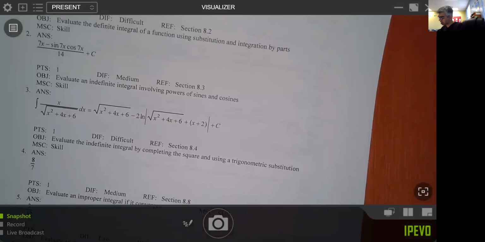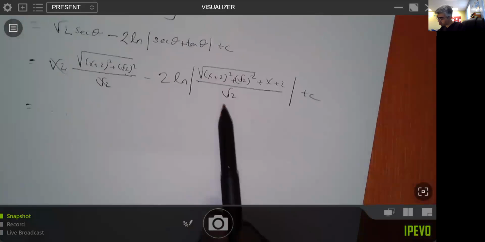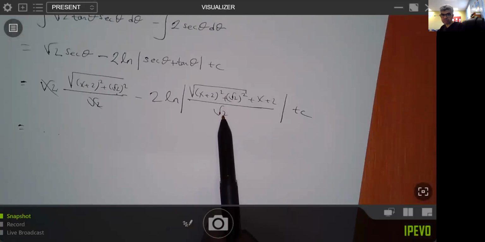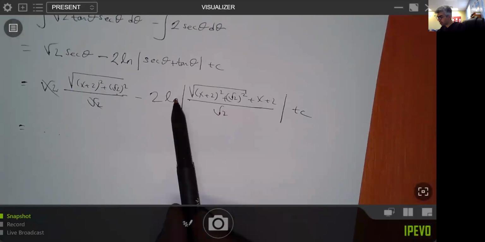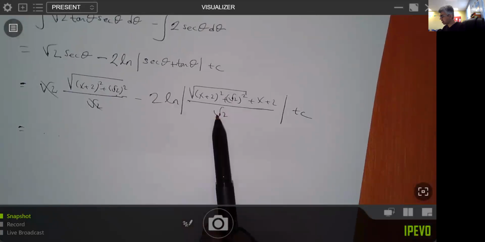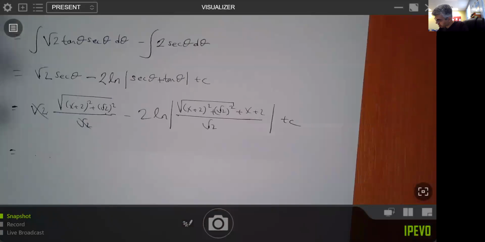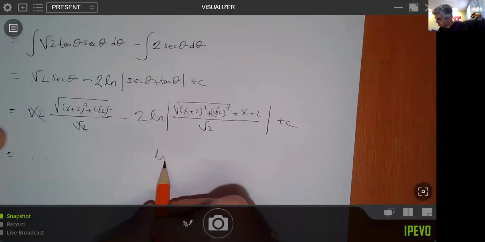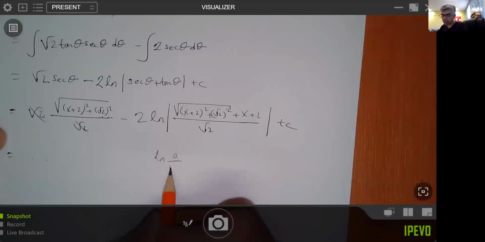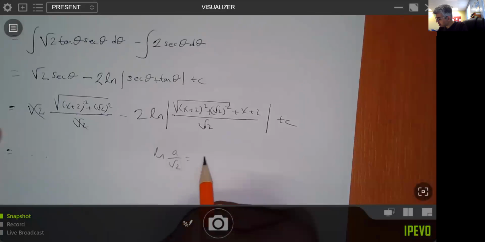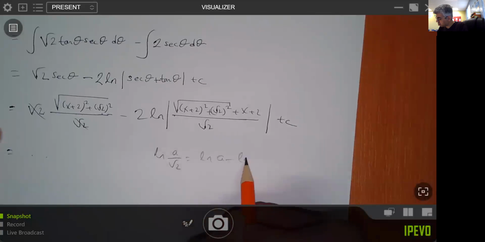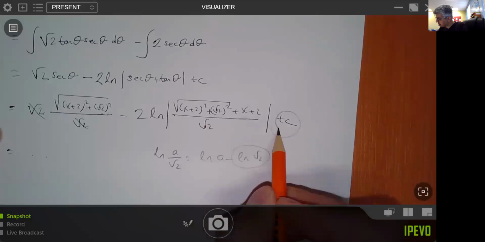And here, attention guys, here we had root 2, but since it's a division, it's a constant number. ln of a over root 2 we can write as ln a minus ln root 2, but that is a constant and c is a constant.